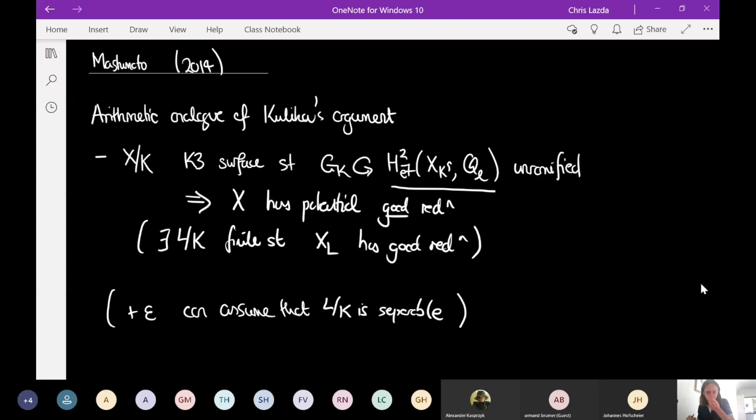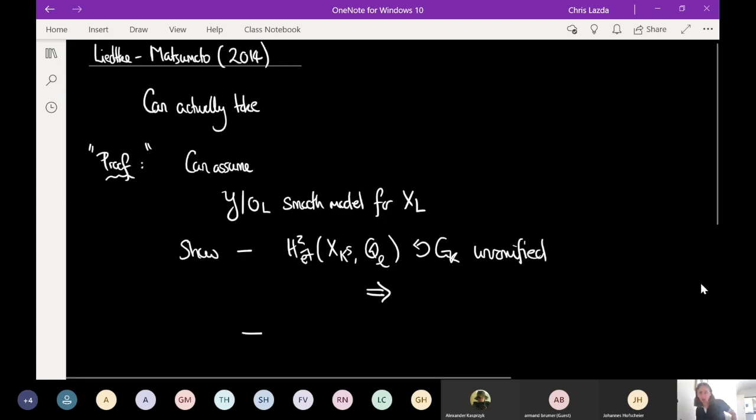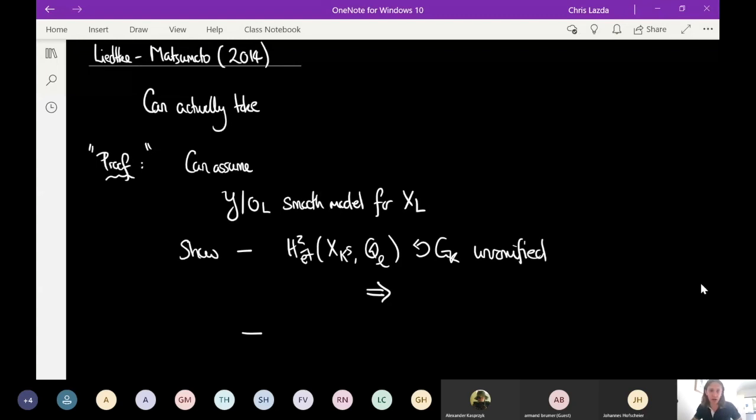It's not too much extra work. But now it starts to get a bit more interesting when actually Liedtke and Matsumoto, around the same time, built on this and showed that you can actually take this finite extension to be unramified.